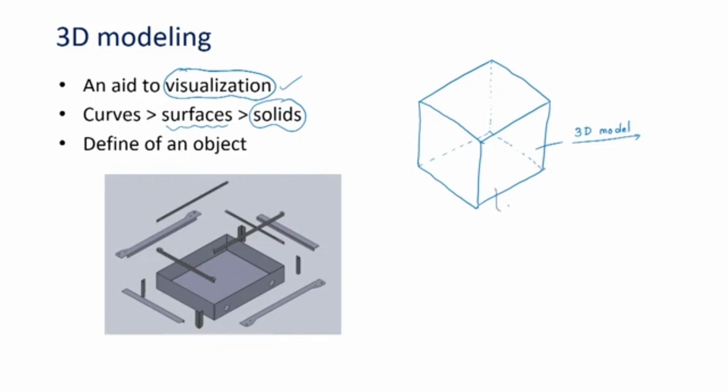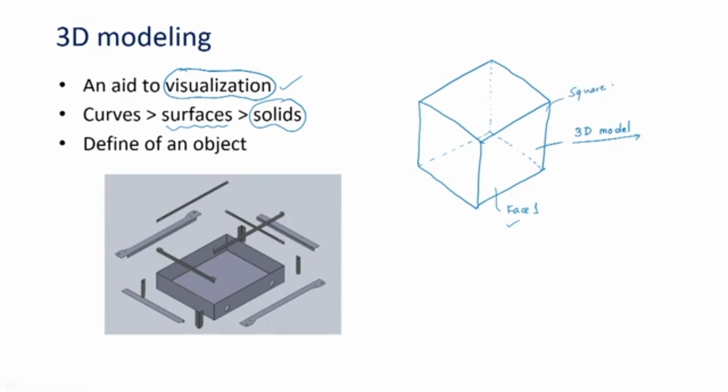Consider this is face 1. Face 1 is nothing but an area bounded by certain curves. Here the lines are there. By using the lines, we are getting a certain shape, and that is face 1, it is a square.